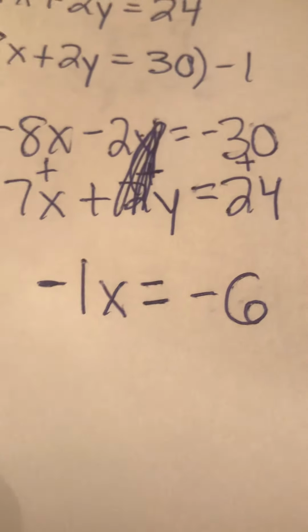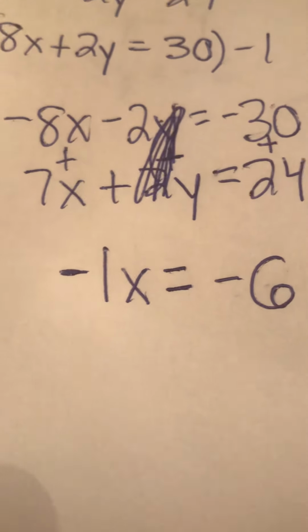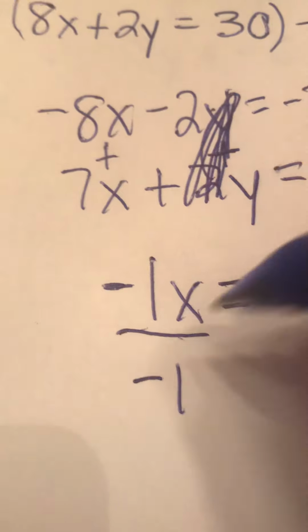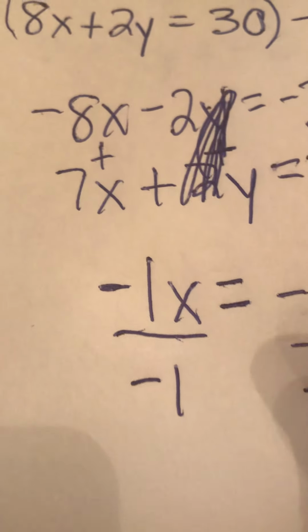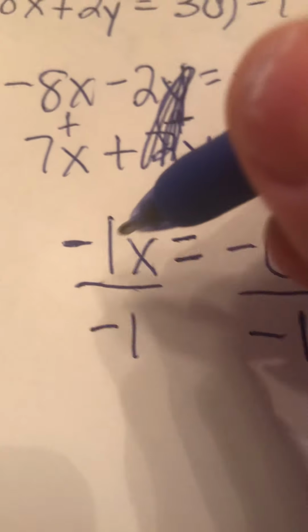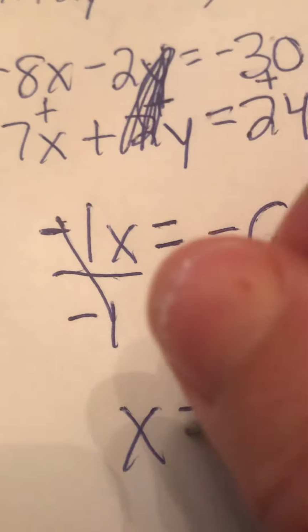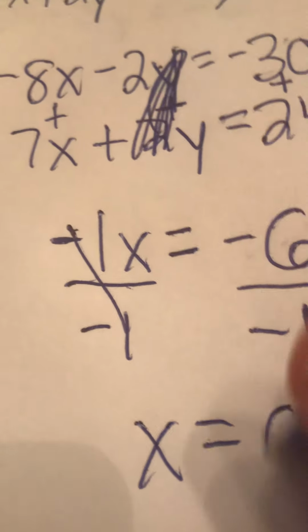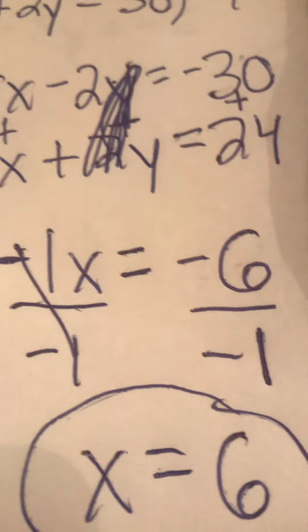So I still haven't solved for x because the inverse operation of multiplying by -1 is dividing by -1. And what I do to one side, I do to the other. So -1 divided by -1 is +1x. So there's my x term. -6 divided by -1 is 6. So we can see my x variable is 6.